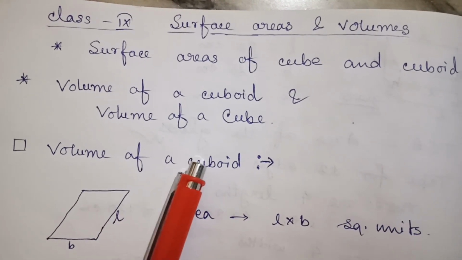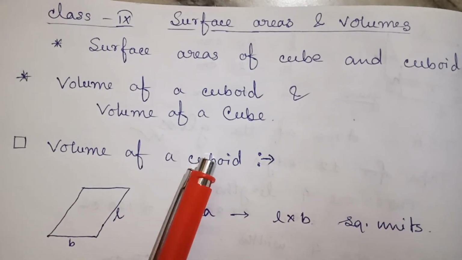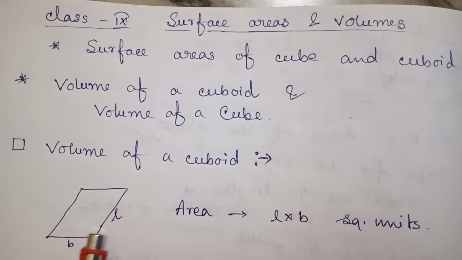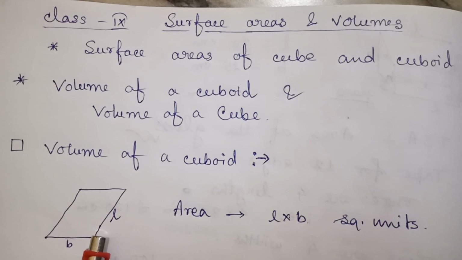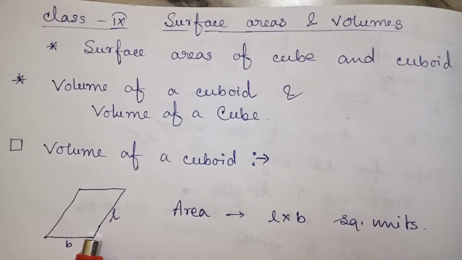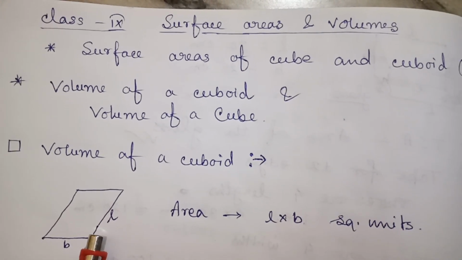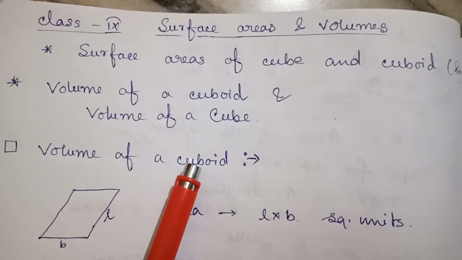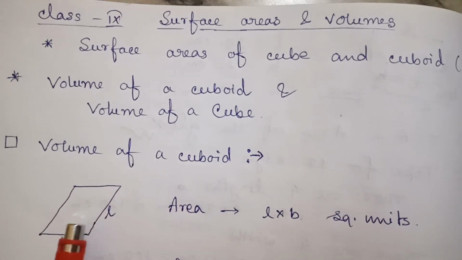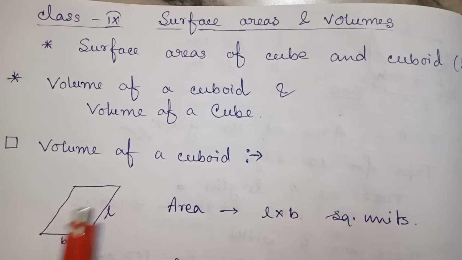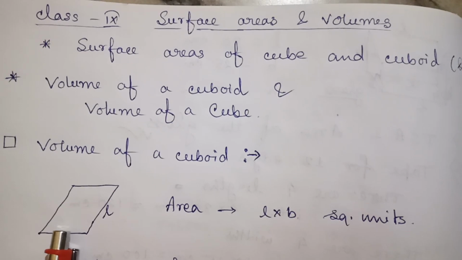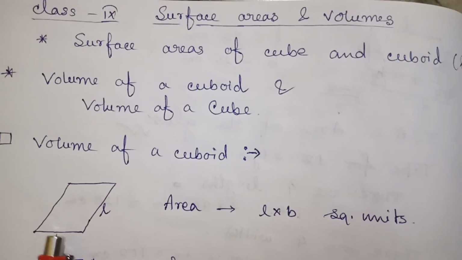Now, volume of a cuboid. Before we go to the cuboid figure, I just want to tell you something. This one is one kind of base part of a cuboid. I have drawn one parallelogram-like figure, but it is actually a rectangle.